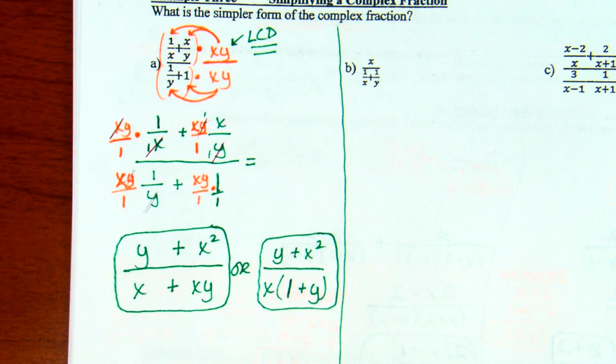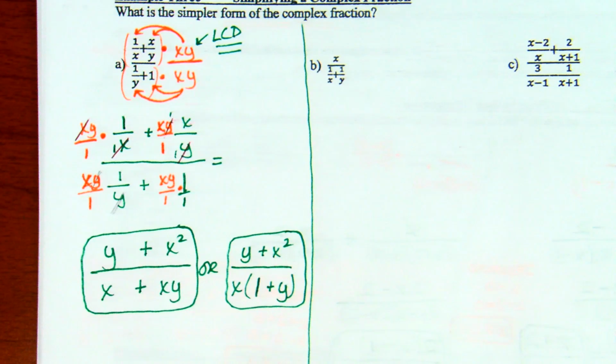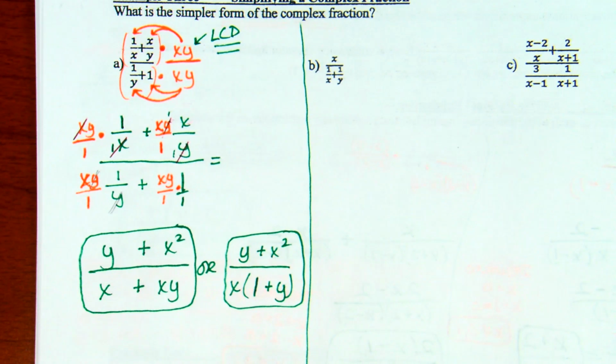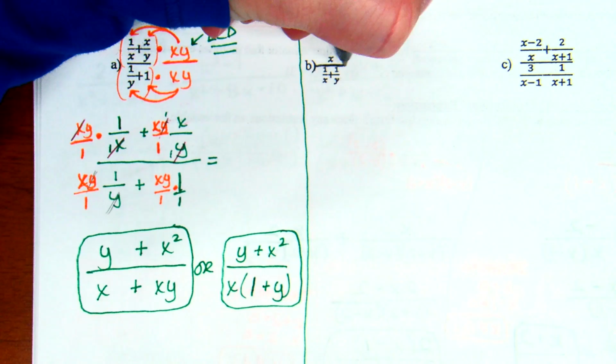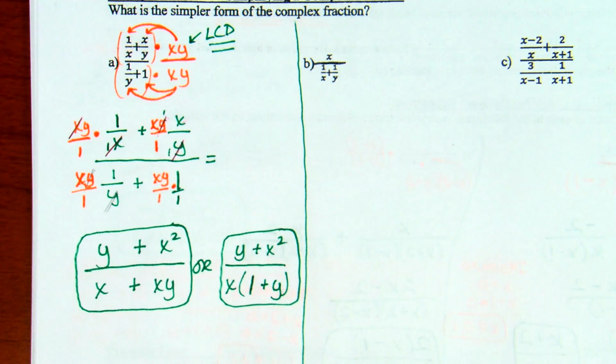Okay, let's try B. Now, realize here on B, can you tell where the main fraction line is? Yeah. And sometimes that main fraction bar is extended a little longer. It just wasn't on this one. So that's x over 1 over x plus 1 over y. Okay.